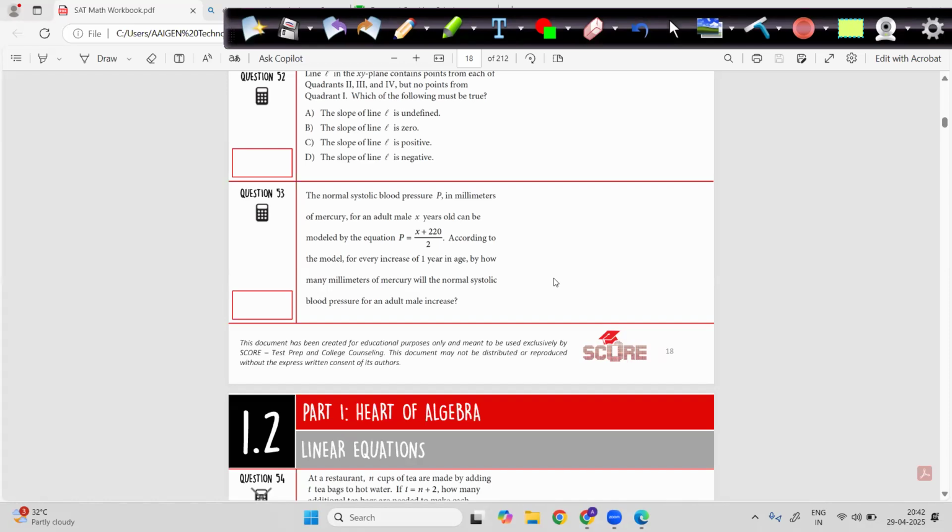According to the model, for every increase of 1 year in age, by how many millimeters of mercury will the normal systolic blood pressure for an adult male increase? So when X increases by 1, what is the change in Y? That means they're asking what is the slope of this line. So simple. The slope of this line is 1 by 2. So the blood pressure will increase by 1 by 2, which is 0.5.